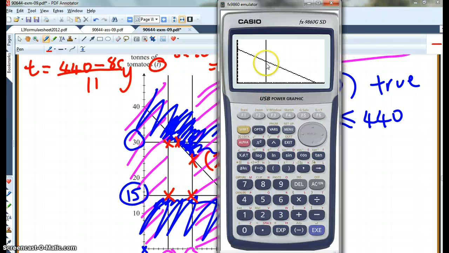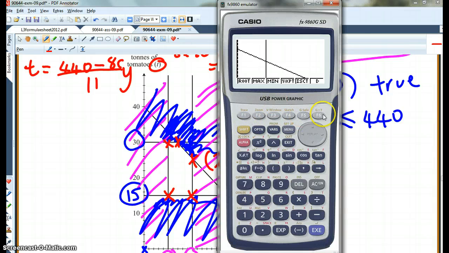And then how would I find that point? G-solve intersection. I didn't do it. Shift, G-solve, intersection. Normally it comes up and gives you the point. It's just not. Weird.